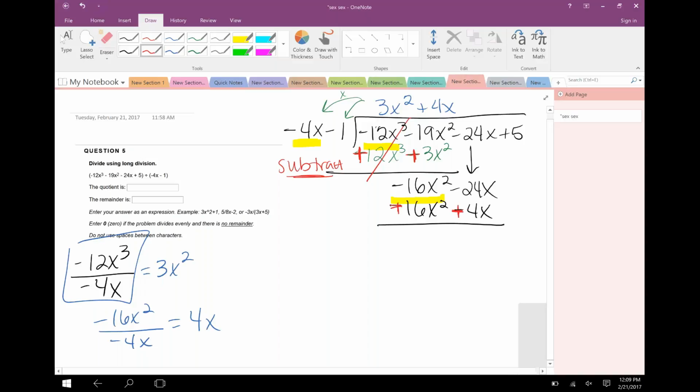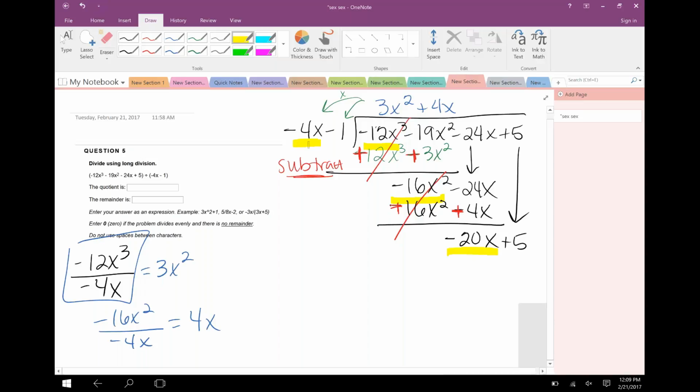Then we combine vertically. Negative 16x squared plus 16x squared cancels out. Negative 24x plus 4x is negative 20x. Then we're going to bring down that plus 5, and then we're going to go again.